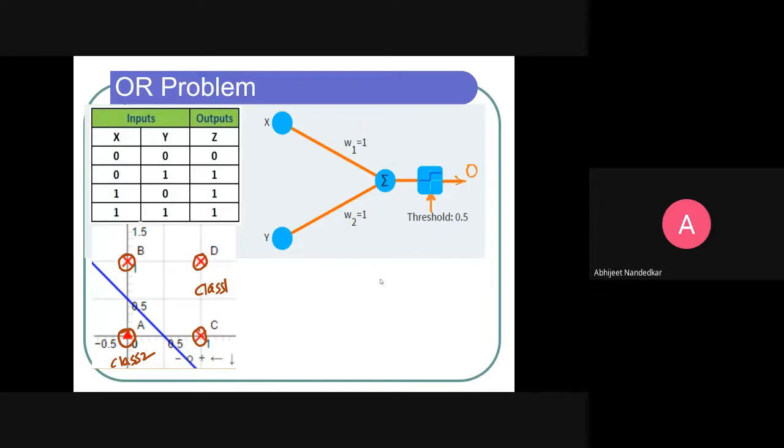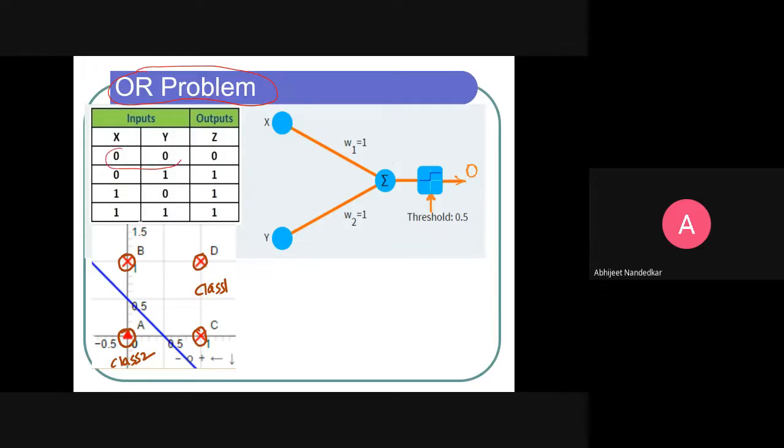Now why is back propagation required, or why do we go for multi-layer? To understand that, we try to solve a few simple problems. The first problem is called the OR problem. We know what the logical gate OR is.